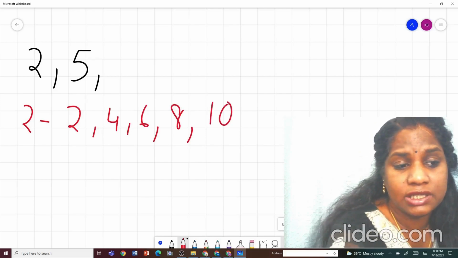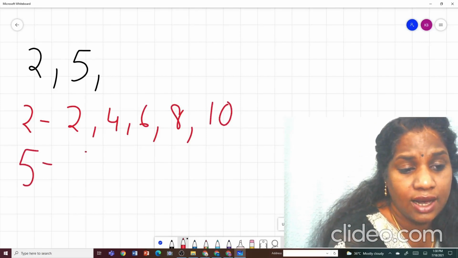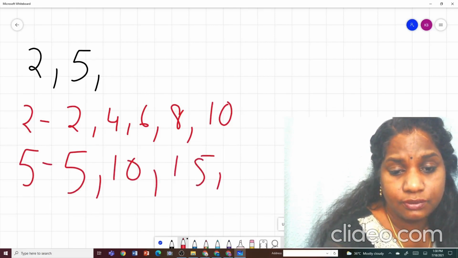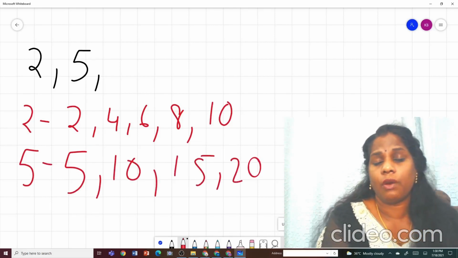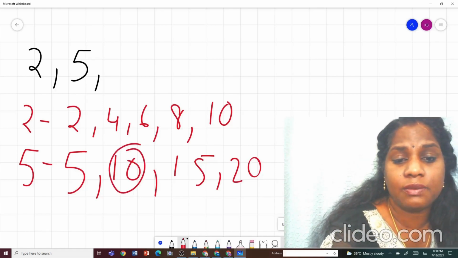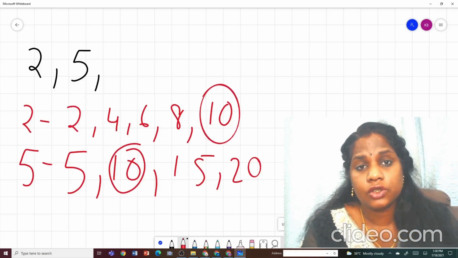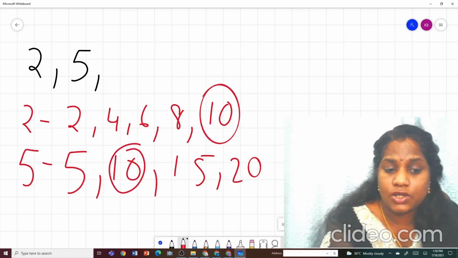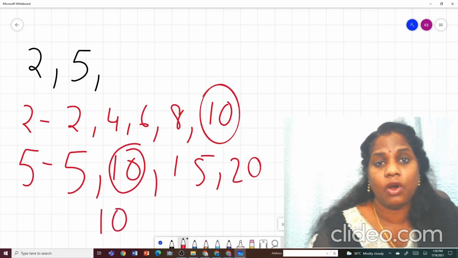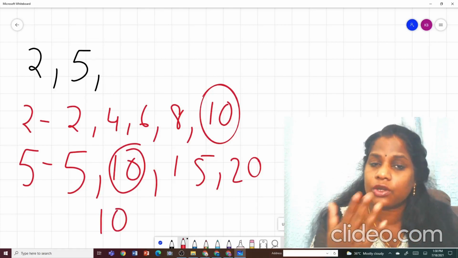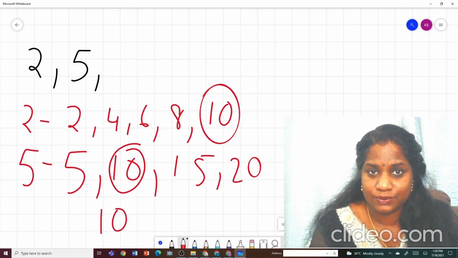So these are the multiples of 2 and these are the multiples of 5. Which is common? 10 is common. 10 comes in 5 and 10 comes in 2, and before that there is nothing lower than 10. So 10 is the LCM of 2 and 5. Clear? The same way you can do it with 3 terms also.